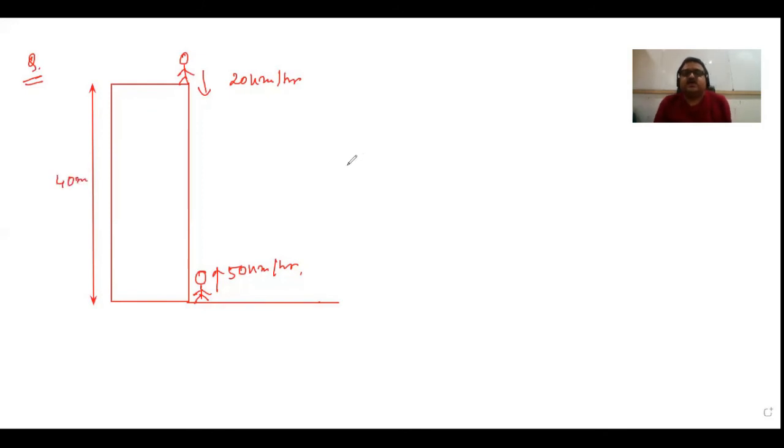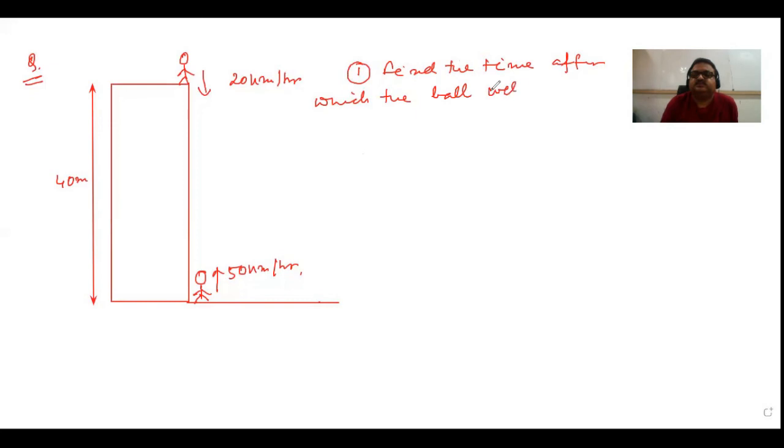Okay. So question number 1 is, find the time after which the balls will collide with each other.